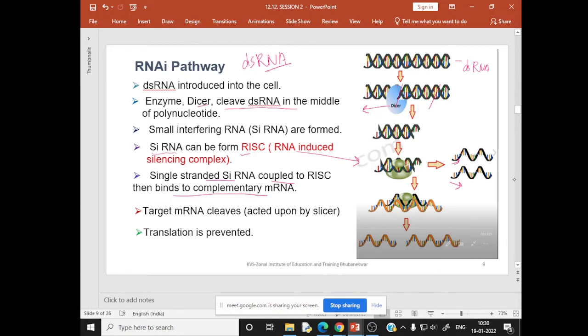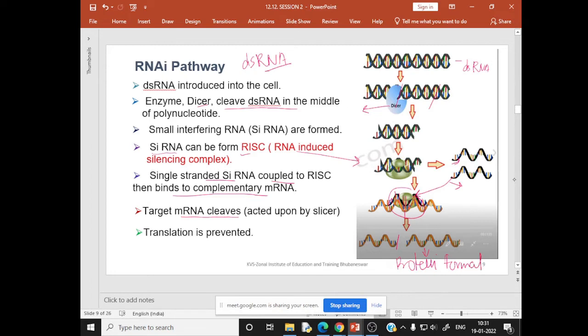One strand binds to the matching code of the gene that we want to silence, forming a complementary structure and targeting the mRNA, and then it breaks down this mRNA. Because the mRNA is broken down, no further reaction takes place and there will be no protein formation.